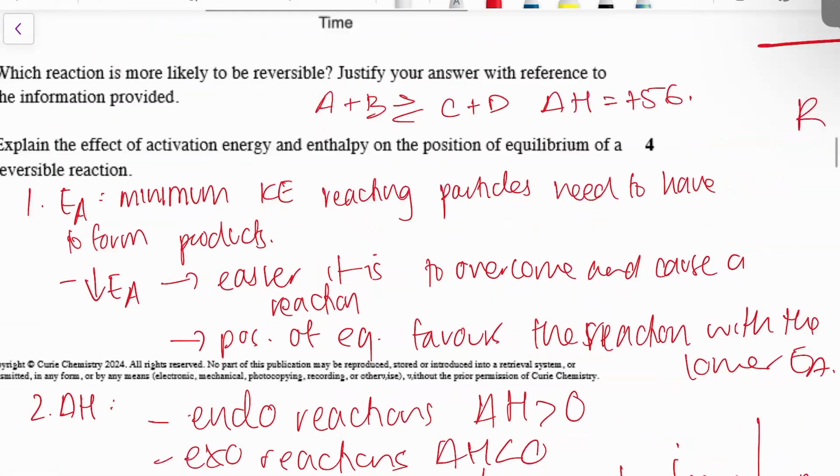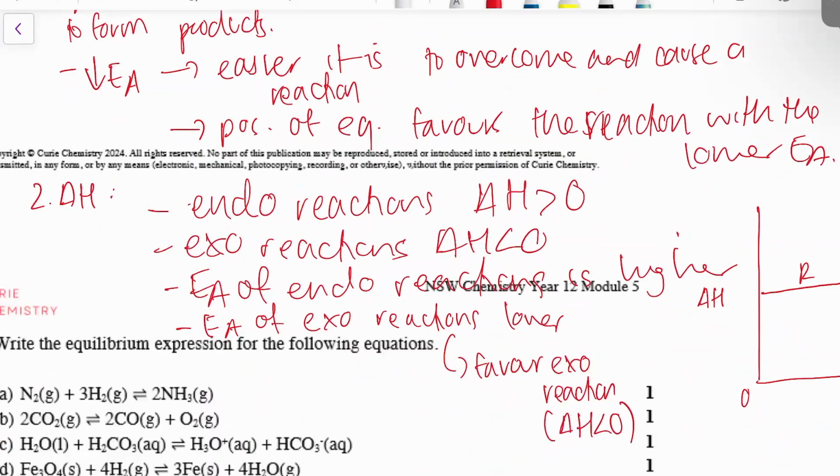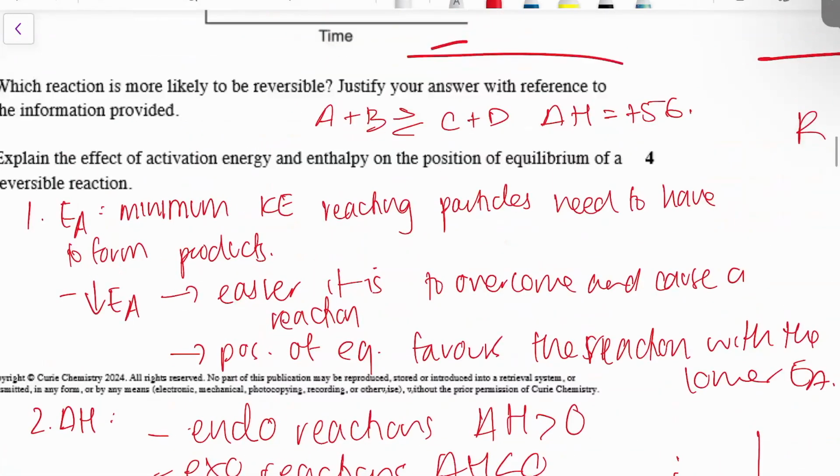So if the forward is plus 56, the reverse is minus 56, which means the reverse is exo. Reverse being exo has the lower activation energy, which means it's easier to occur. So the reverse is going right to left. Your prediction is that the position of equilibrium lies on the left-hand side, slightly on the left.